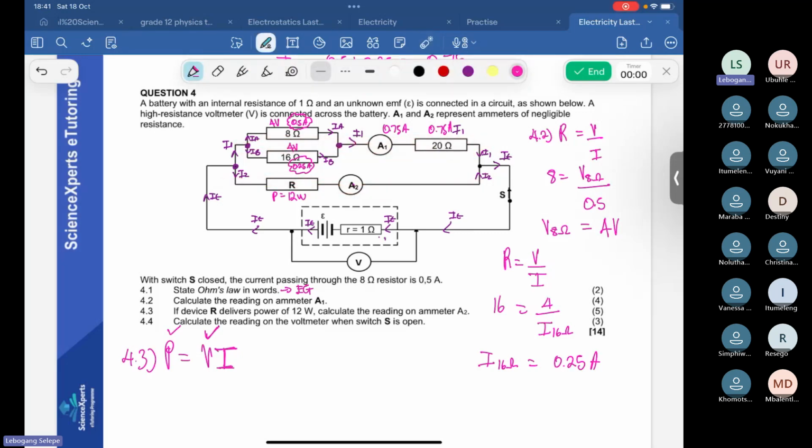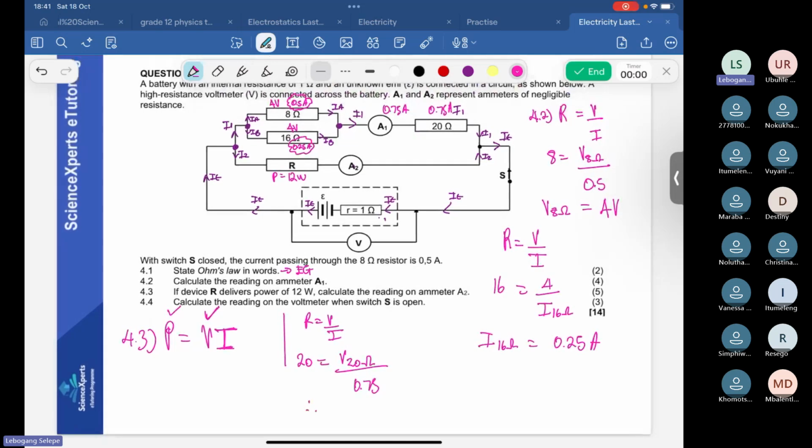So let's do it. On the 20 ohm resistor, we can say that R equals V over I. R is 20, V is what we're looking for, the voltage of the 20 ohm resistor, over the current, which is 0.75. Therefore, the voltage across the 20 ohm resistor, how much did you get? 15 volts. You got 15, right?